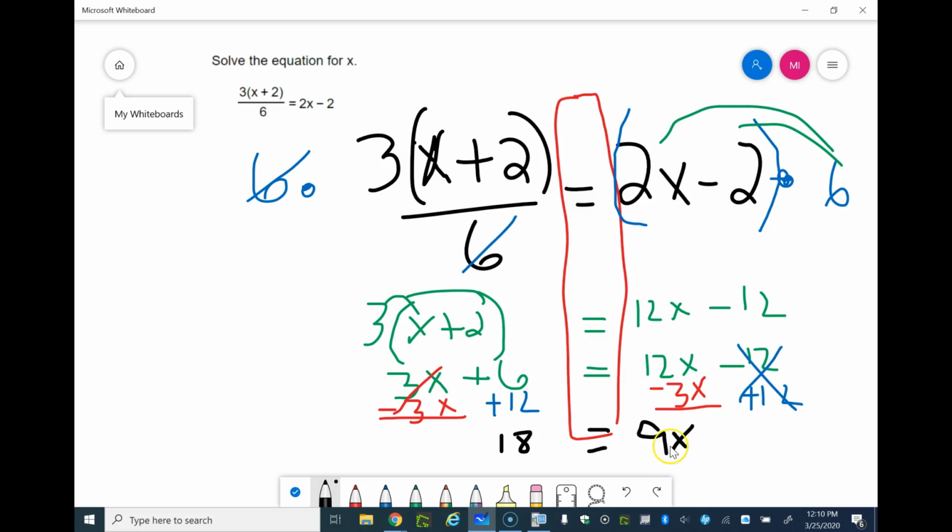Then because they're side by side, we're going to do the opposite. 9 times x, I'm going to divide. Then these cancel out. So on this side over here, I have x is equal to 18 divided by 9, which gives us 2.